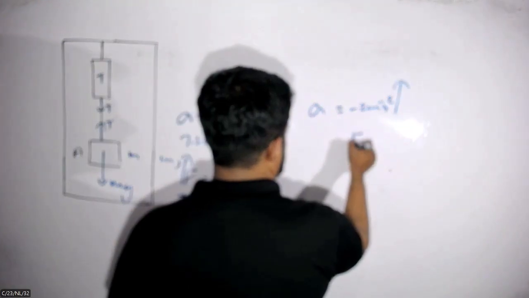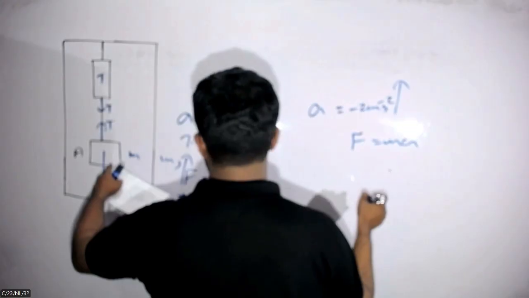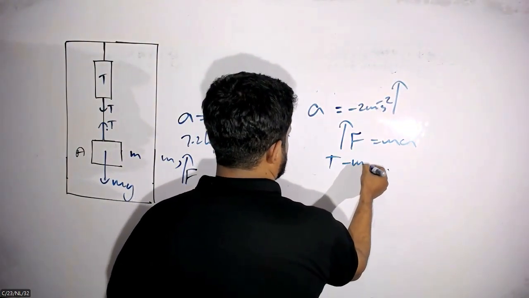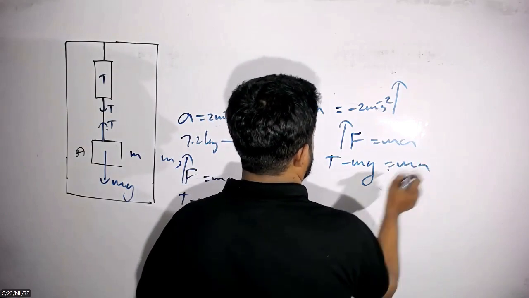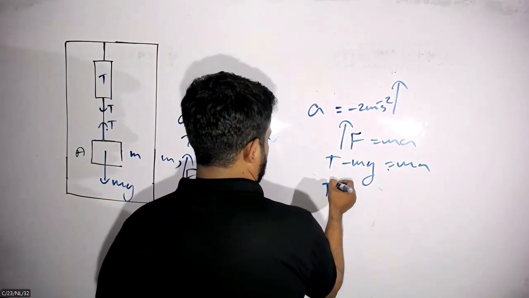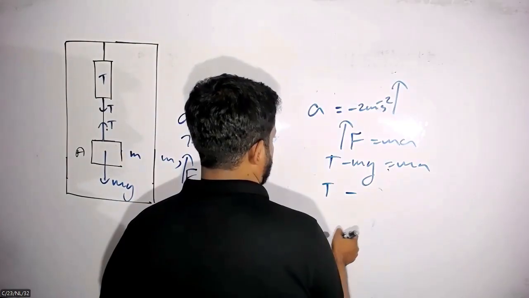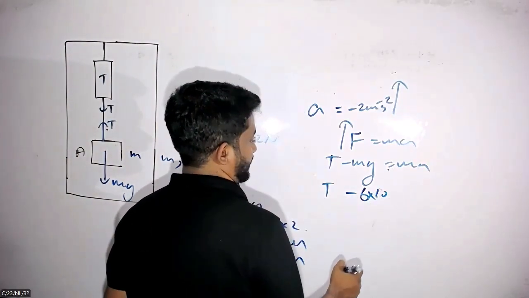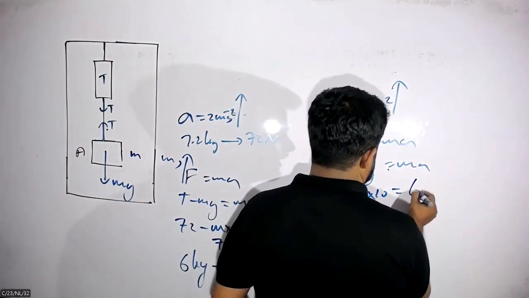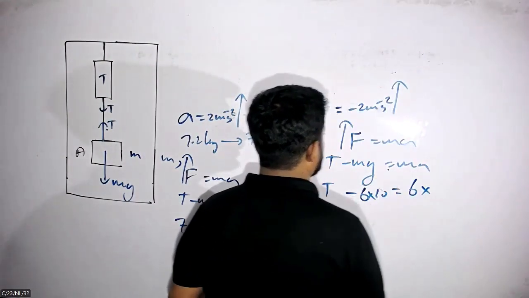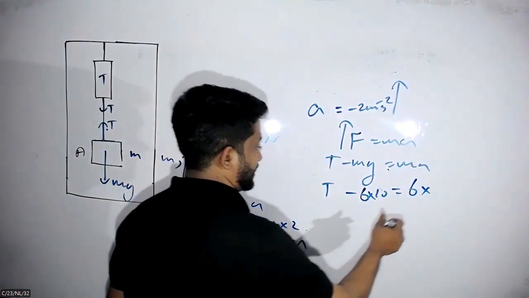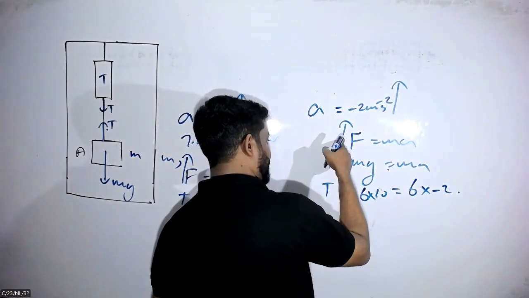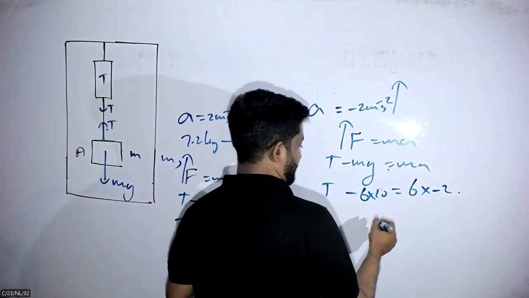You can apply Newton's second law for the motion of this object to the upward direction. T minus mg is equal to ma. The mass you found is 6 kilogram, gravitational acceleration 10, and the acceleration is minus 2 to the upward direction. That's why I apply the equation to the upward direction, right?